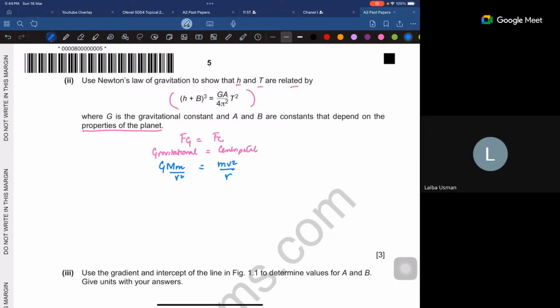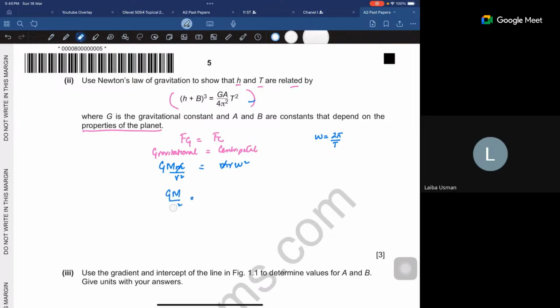It says G is gravitational constant, A, B are constants that depend on properties of the planet. We need time period, so we'll have to use mr omega squared then, where omega is 2 pi by T. So I guess then m and m will cancel out. There's no m actually, which is interesting. Okay, never mind. Let's try this.